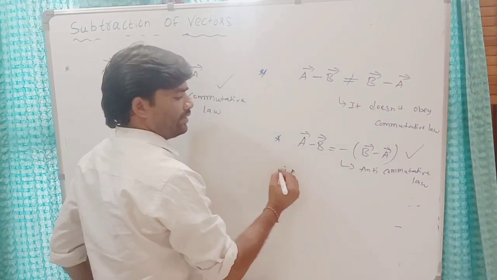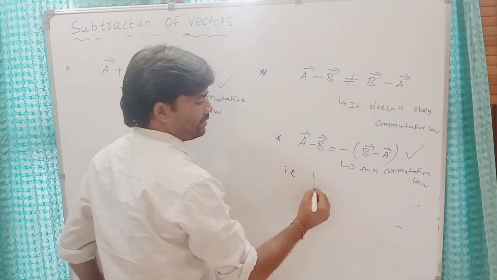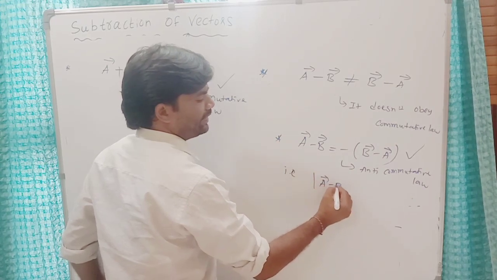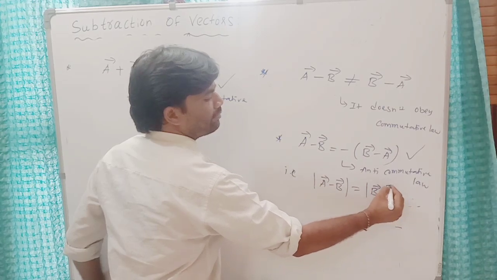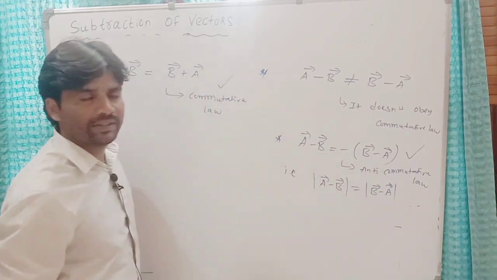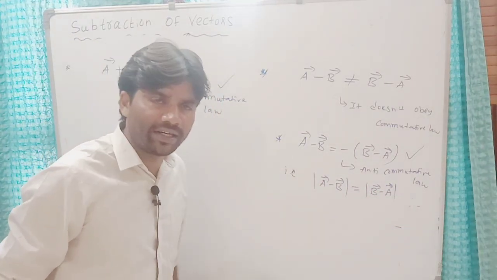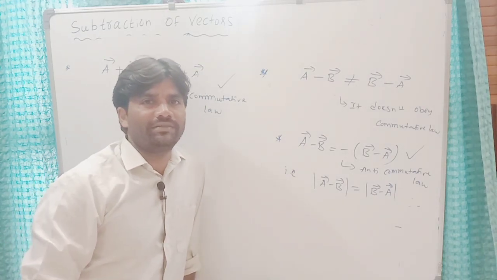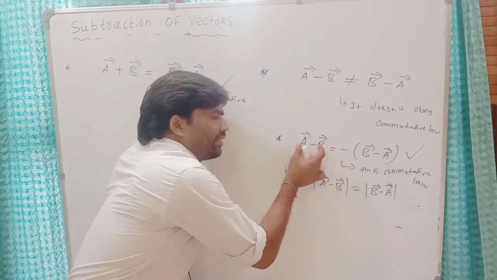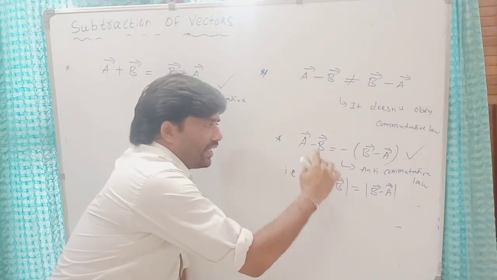Right? Now it means that the mod of a minus b is equal to the mod of b minus a. Magnitudes are the same. If a minus b value is 100, b minus a is also 100, but in the opposite direction. So magnitudes are the same for these two, but the sign is opposite.